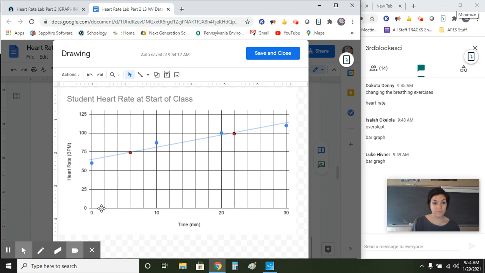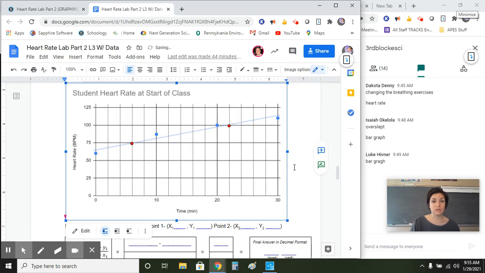Just as a heads up, these are going up by, I believe, 2. Let's see, 0, 2, 4, 6, 8, 10. Yes. So these lines are going up by 2s. These are going up by 25s. Okay? So I like where these dots are. I'm going to leave them. Save and close.